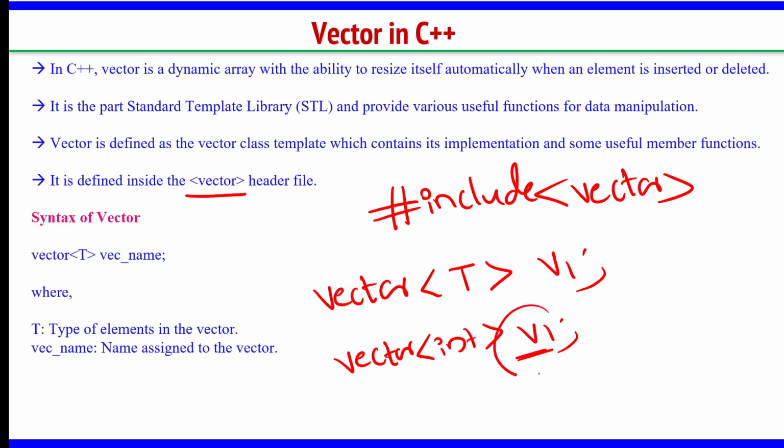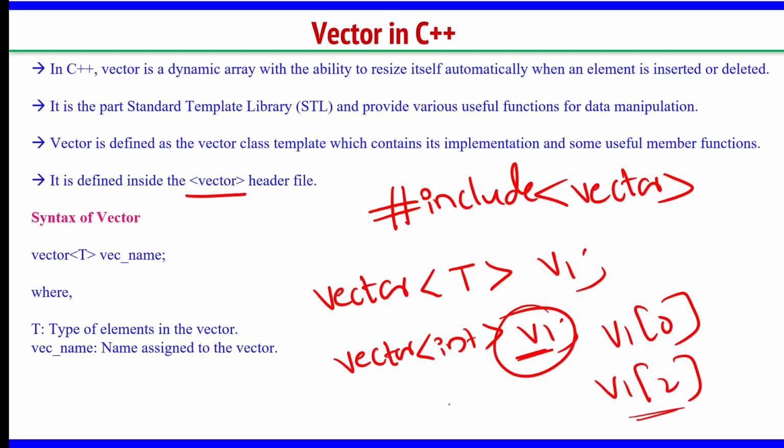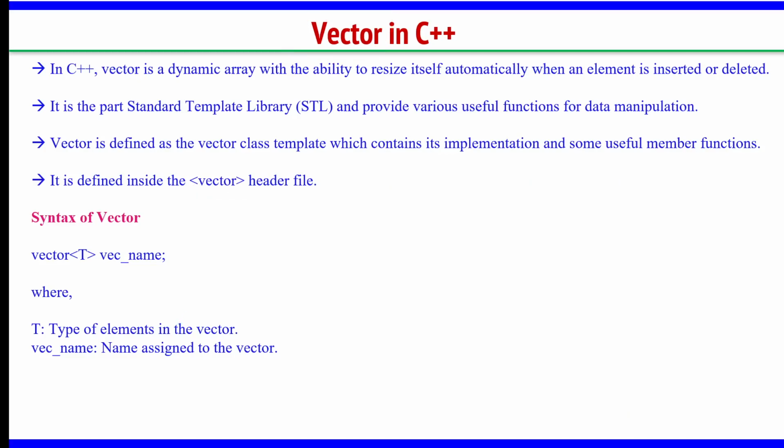You can access the elements using v1. So, v1 of 0 means first element, v1 of 2 means third element, like this you can access, right. The difference between array class and vector class is array class is static in size, vector class is dynamic in size. When you are defining a vector, we are not giving the size of the vector. So, it is same as your dynamic size array.